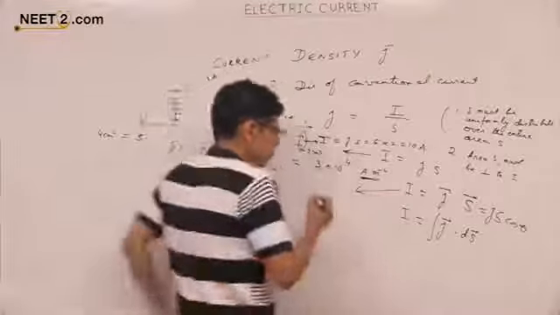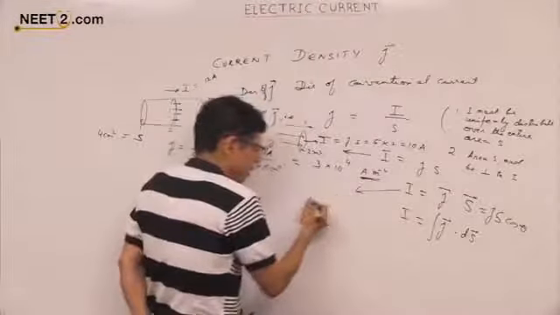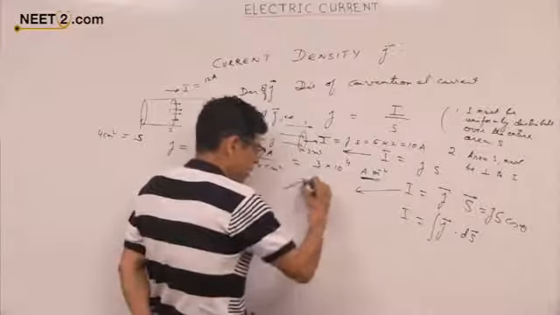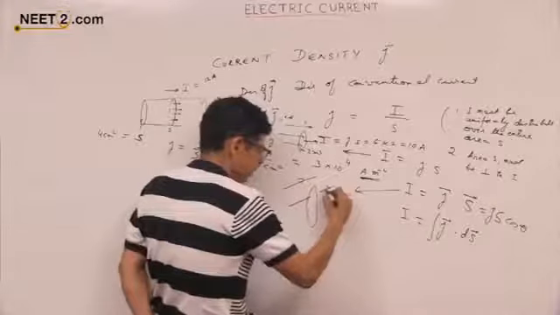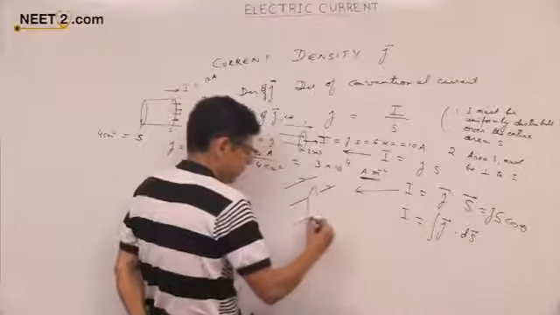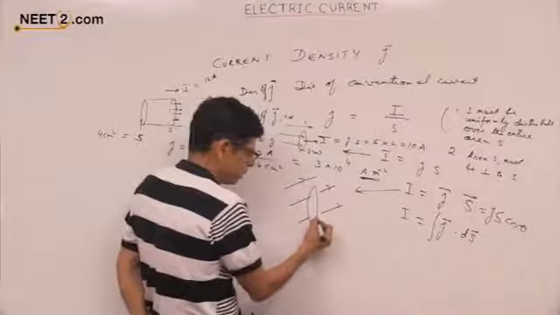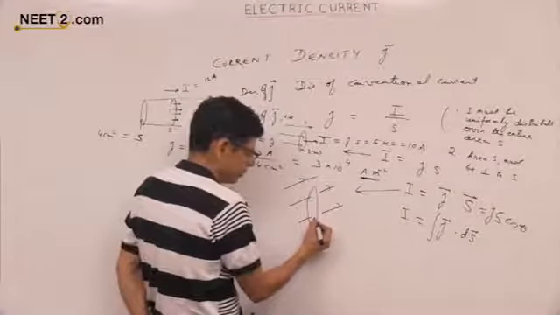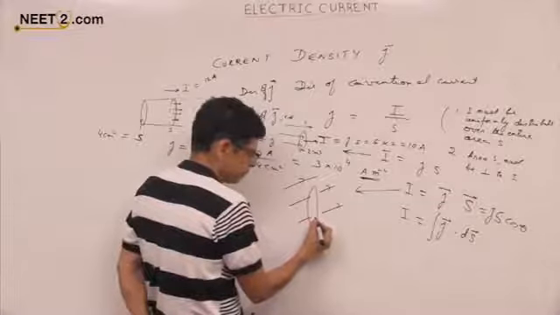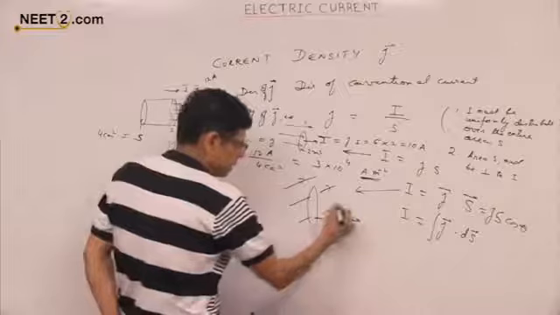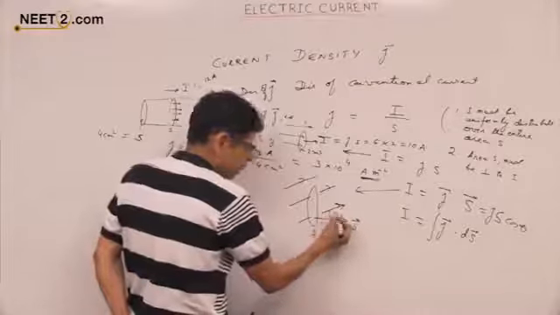Now an example for the second one. This time it's the same area, but J is like that. The current density vector is that way, and S, which is an area vector, is this way. This is the area vector, this is the J vector, and this is the angle theta between them.